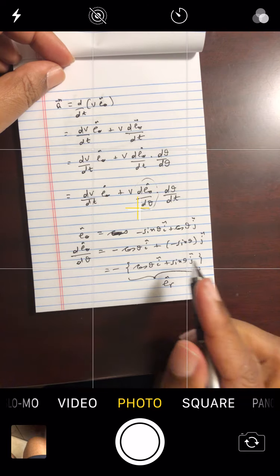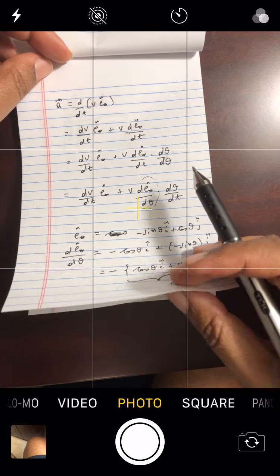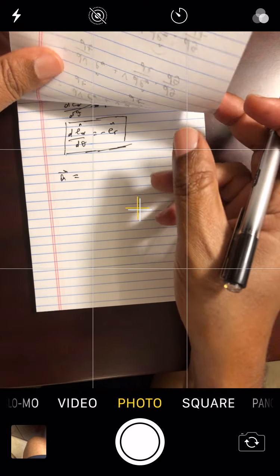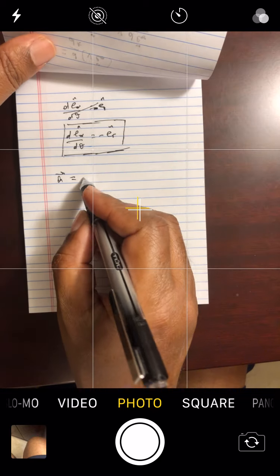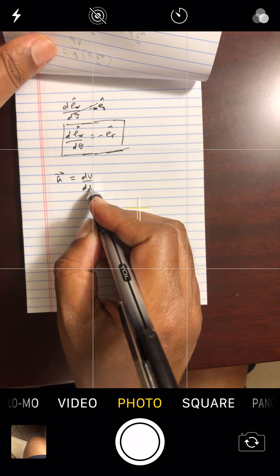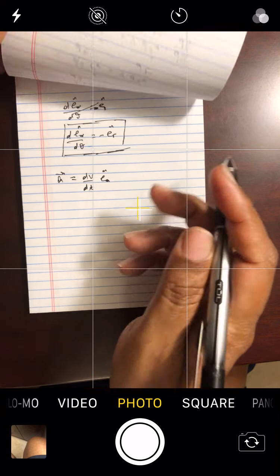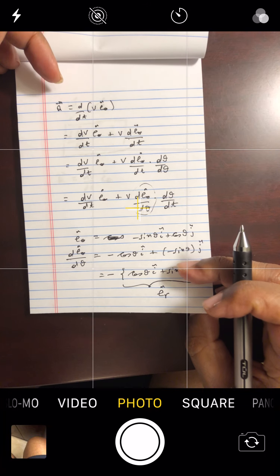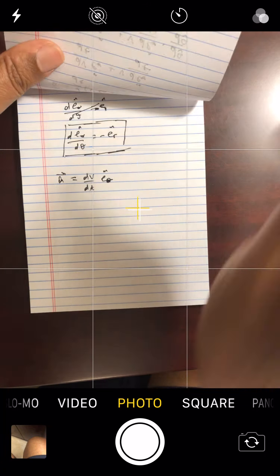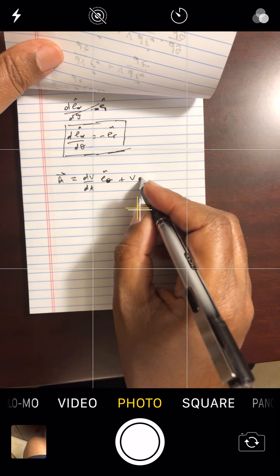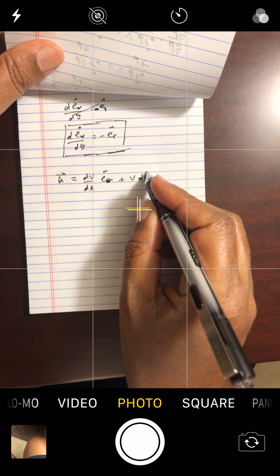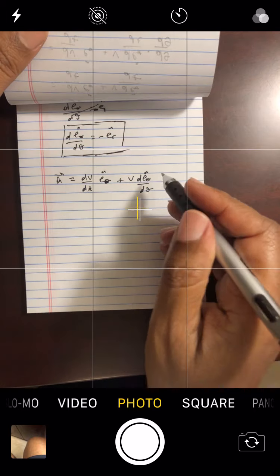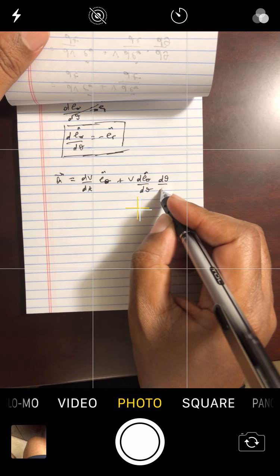So let's come back to the derivative over here. The acceleration equals dv by dt in the direction of e theta, and then the second term is v times the derivative of e theta with respect to theta times d theta with respect to time.